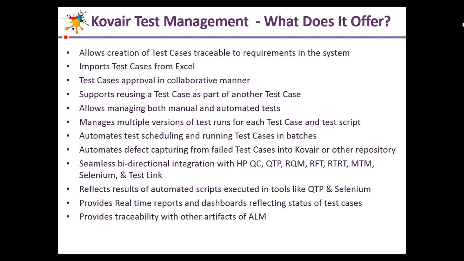So in Kovair, using the scheduling mechanism, you can actually schedule this so that every day at midnight, automatically the test suite starts executing, and in the morning gives you the result of how many have passed and how many have failed.